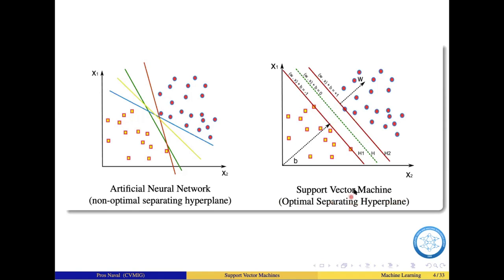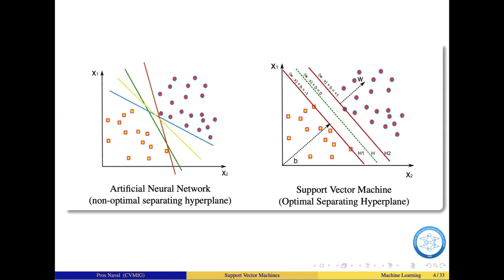And that's the reason why when the SVM came out, it killed the ANN. So people started moving away from ANN and started using SVMs. So for more than a decade, maybe 15 years or so, people were using SVM and not the neural network.